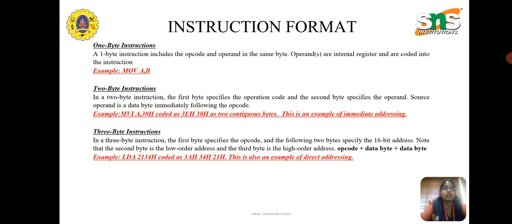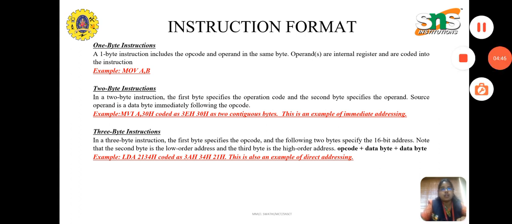They can process 32 bits of data at a time, which allows for even more powerful operations and better multitasking capabilities. Then 64 bits. These processors are used in high-end computers and servers. They can process 64 bits of data at a time, which allows for even more powerful operations and better memory management.